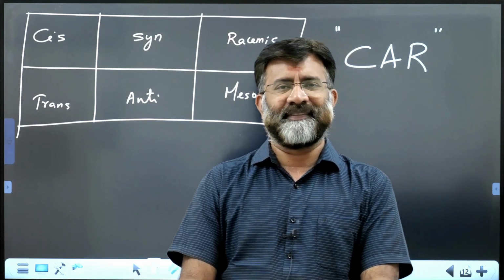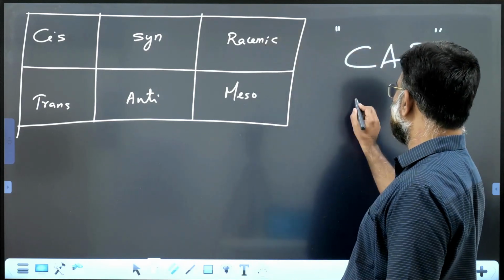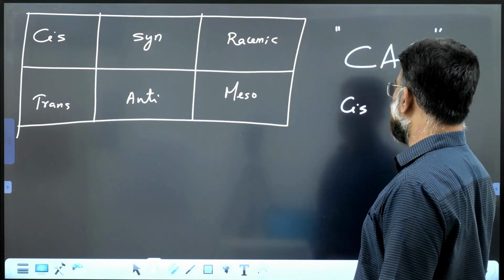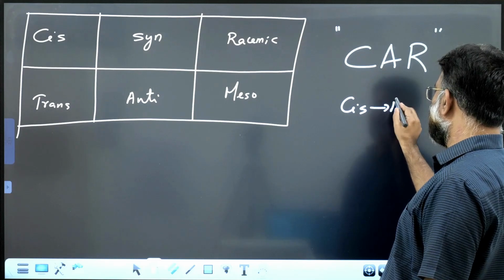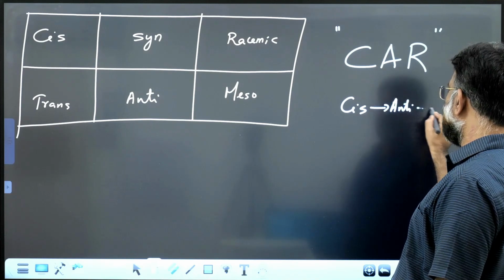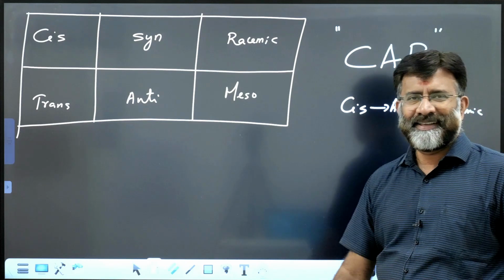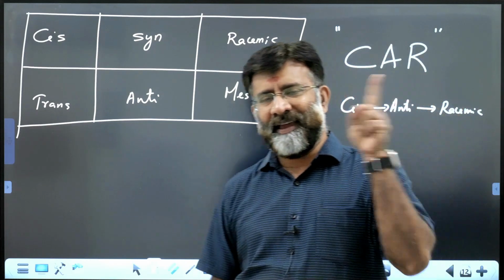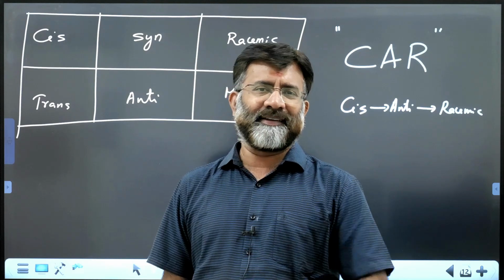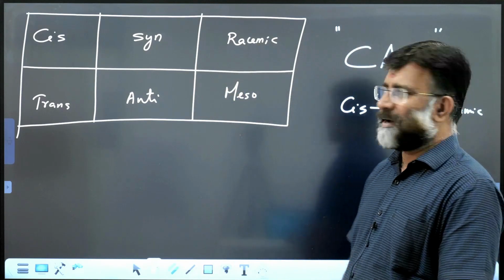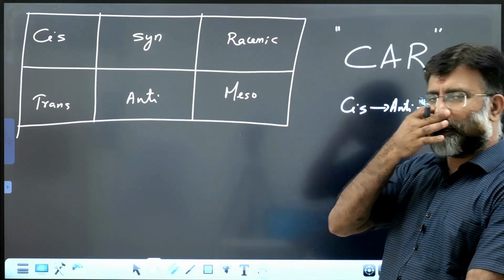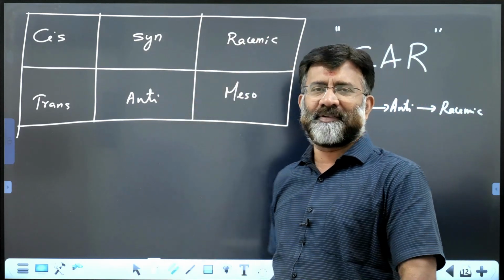And what is this code referring to? Very simple: a cis compound undergoing anti-addition gives a racemic product. By memorizing this one code, you can find out any combination of reaction.